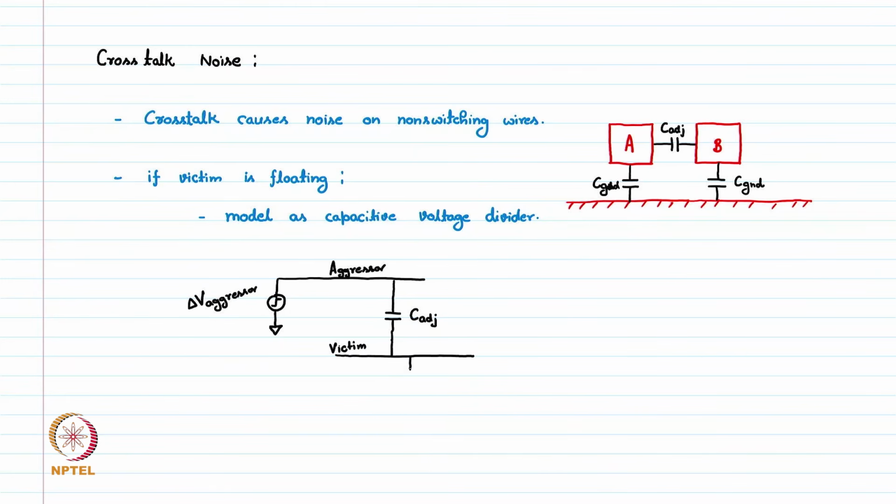And the capacitance with ground, there will be a voltage buildup delta V victim in this victim wire because of the aggressor wire, so we can write the delta V victim.